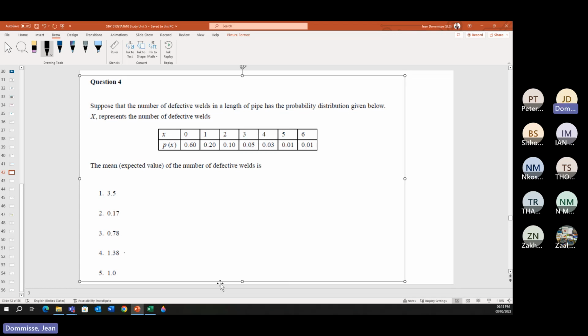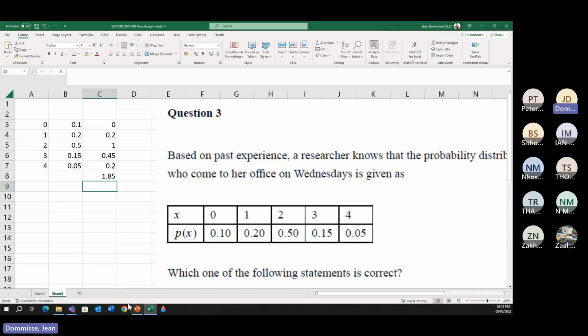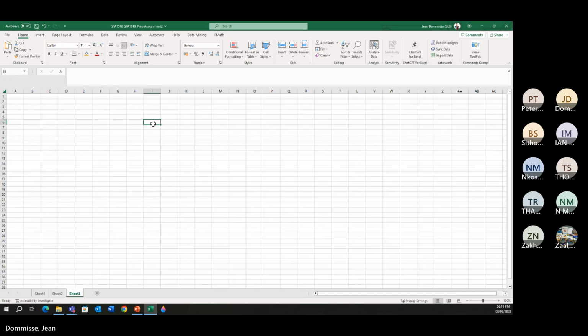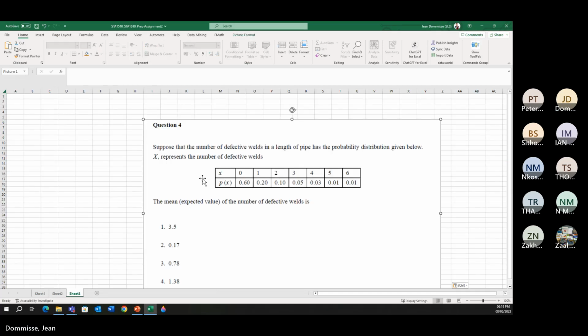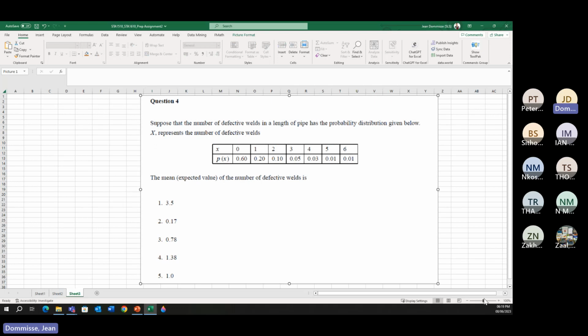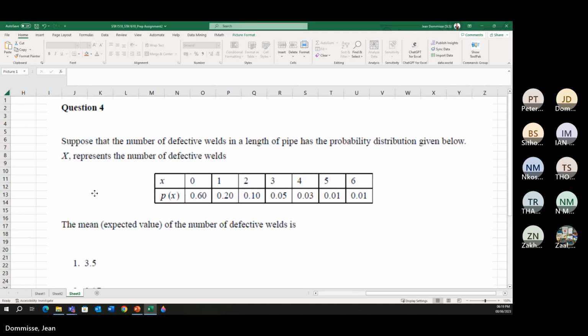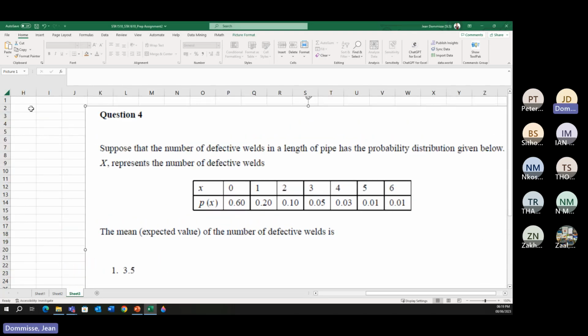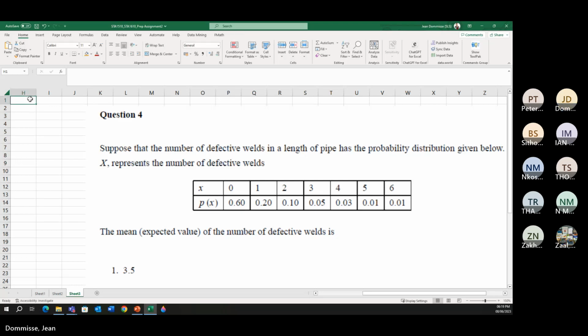I will rather use Excel, again, it is there for us to use.